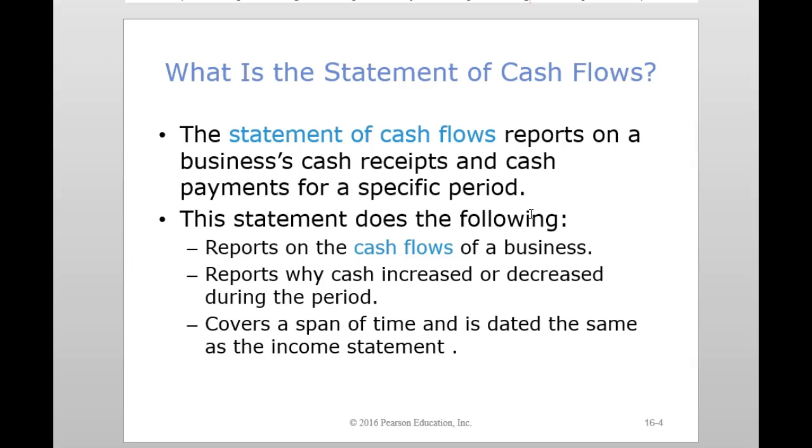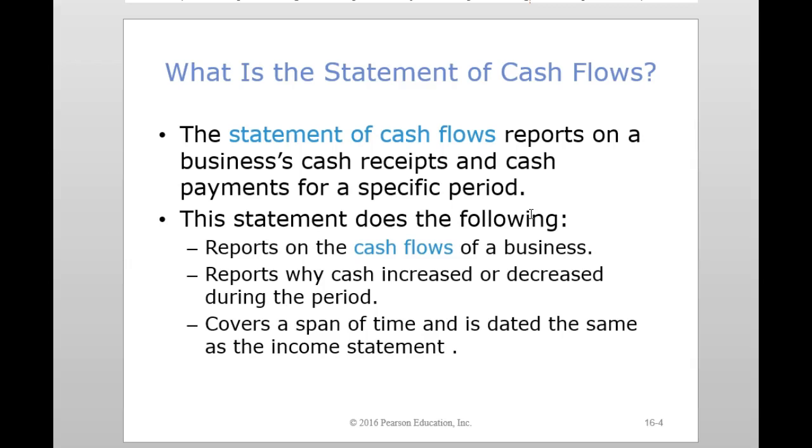A lot of that isn't in cash form yet. It's still in accounts receivable or on account. So you can use the cash flow statement, and it reconciles the net income with the change in the cash. And it's really a fascinating statement.